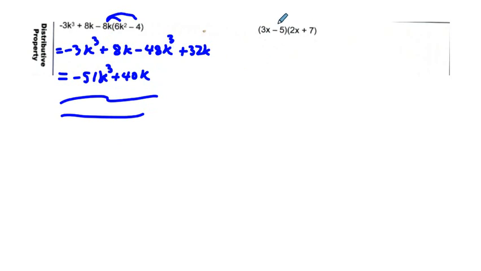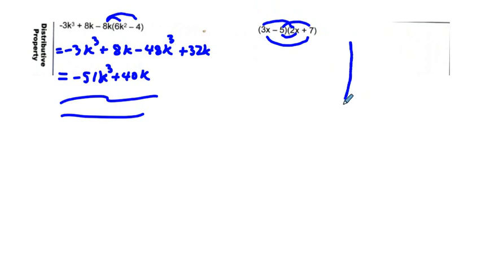Next we have this one, quantity 3x minus 5 times quantity 2x plus 7. And sometimes you'll see it like this, first, outside, inside, last.